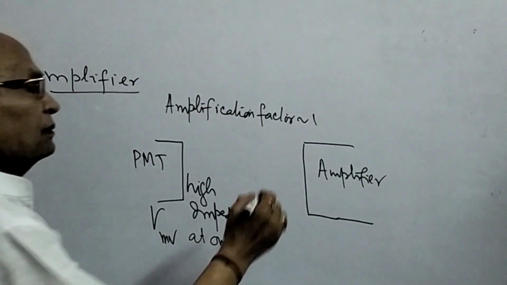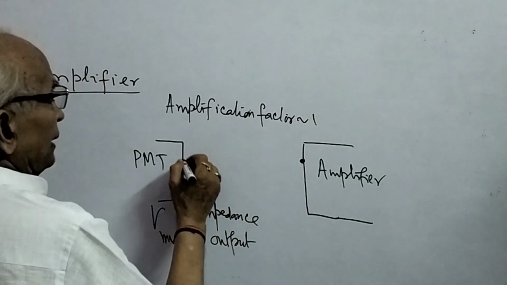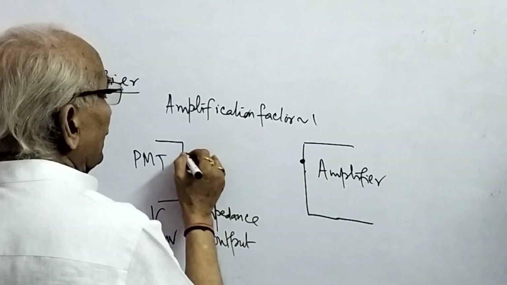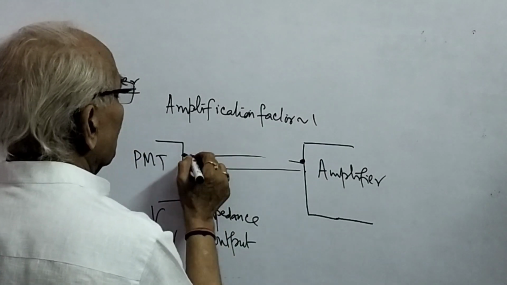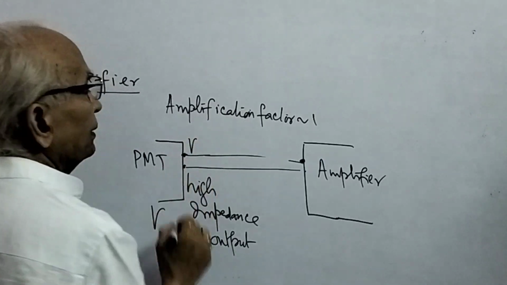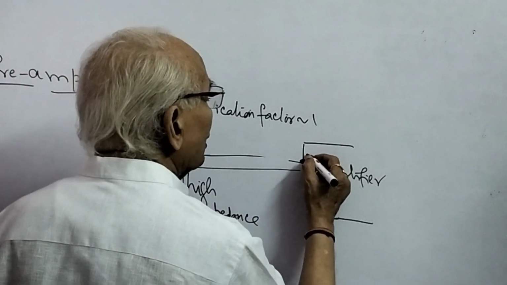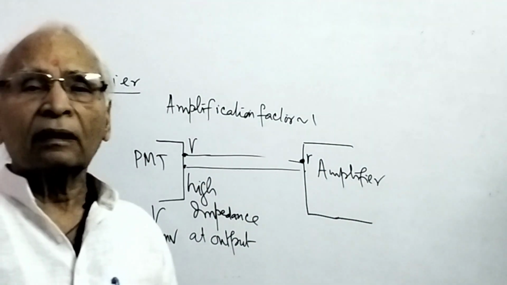An amplifier is a device with the input here, suppose, and the output here. We connect this directly to this, so that this pulse goes here. What may happen? This pulse may get attenuated, or the pulse shape may change. Why?